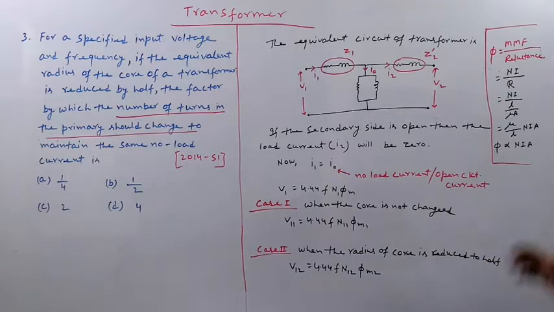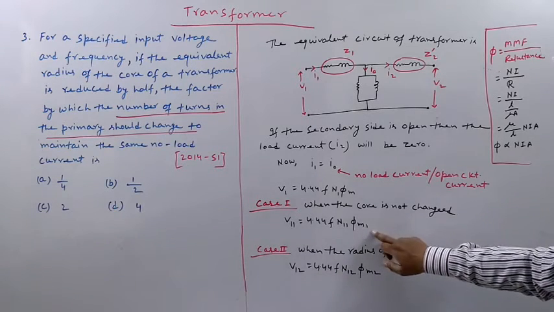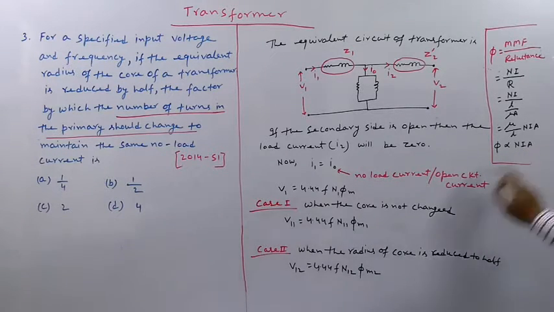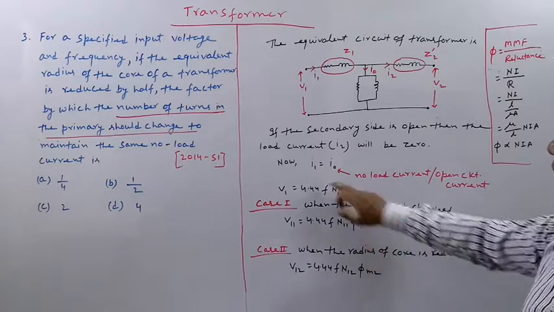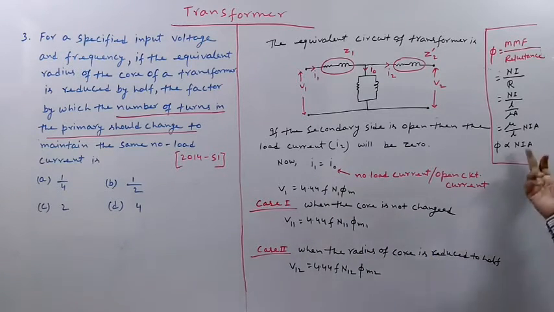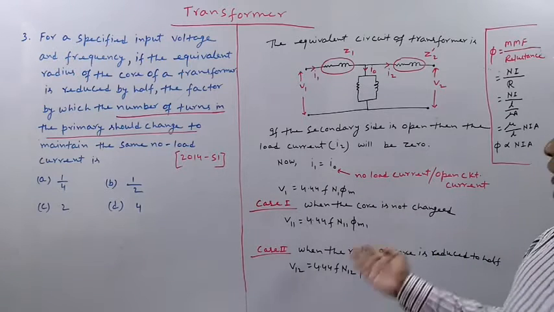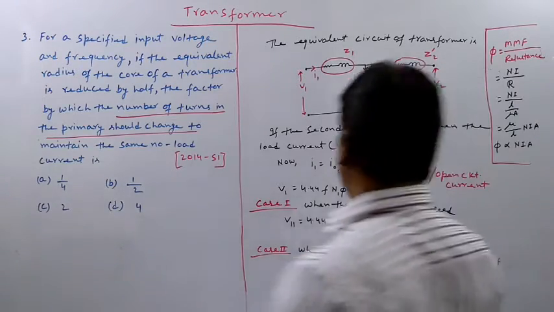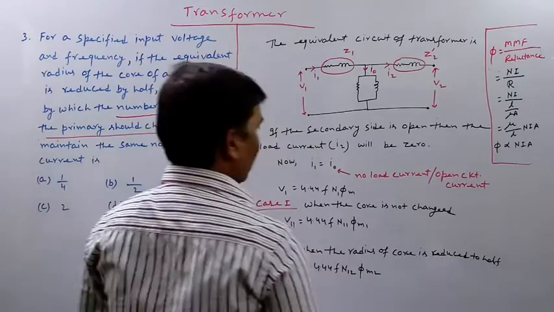So phi is proportional to N i A. Now V1 will again be N1, I1, since the no load current is the same, multiplied by area A.